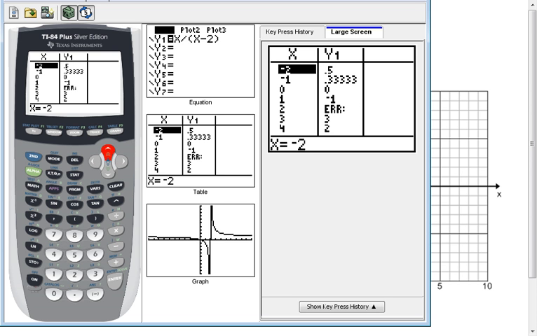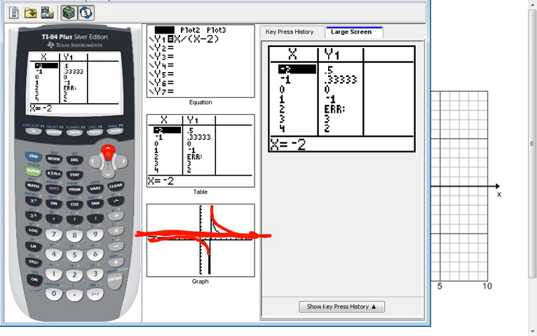Okay, then it looks to me, just by looking at the graph on the calculator, that there's probably a horizontal asymptote too, because there's a line right here that neither one of these branches seem to ever touch. And the key is to figure out where this line is at. What's that value that that line is at? Okay?